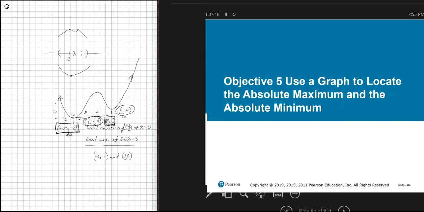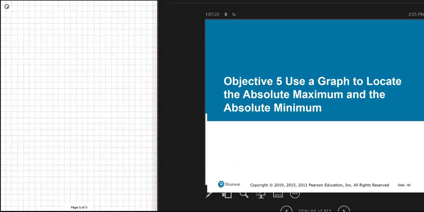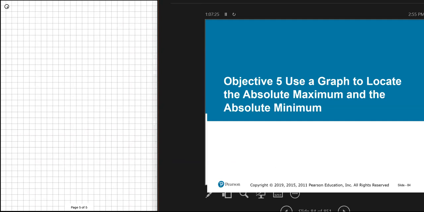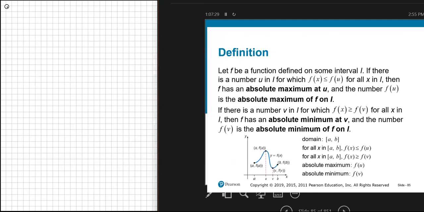Now, absolute maximum and absolute minimum don't need to be inside an interval. They could be at the endpoints. The absolute maximum is the highest y value the function obtains.